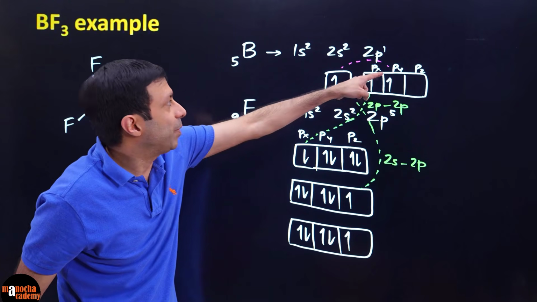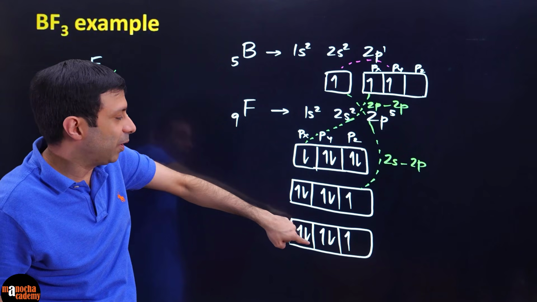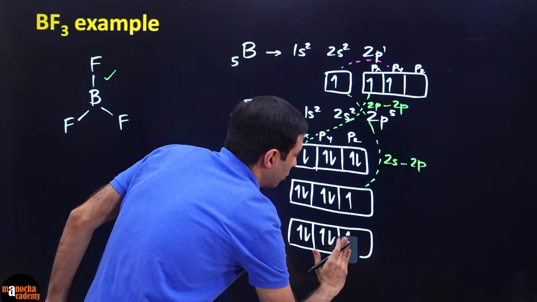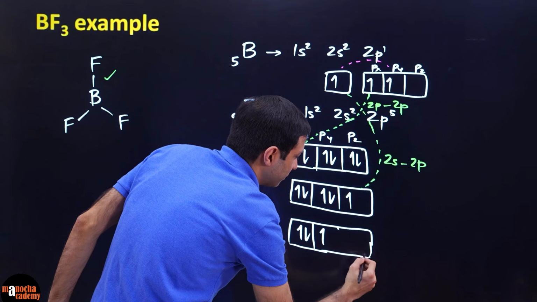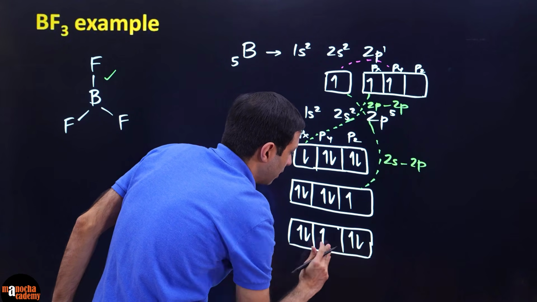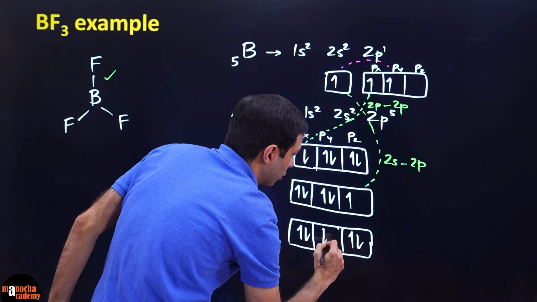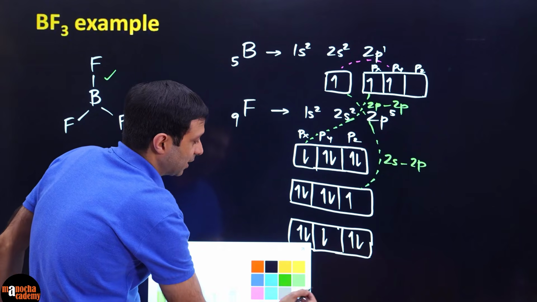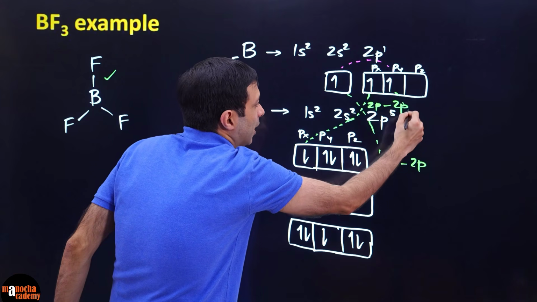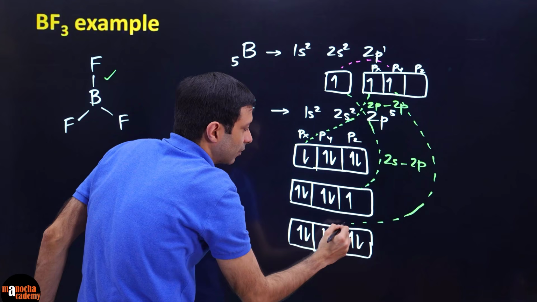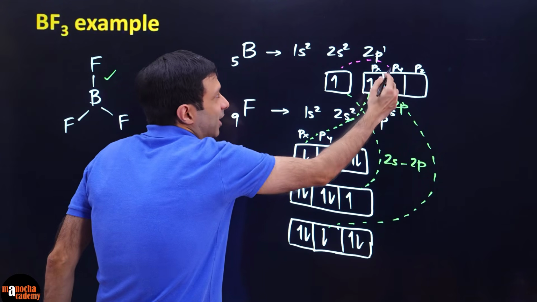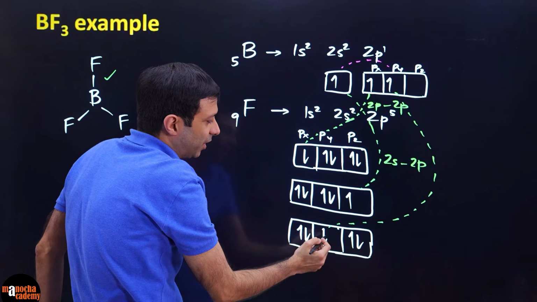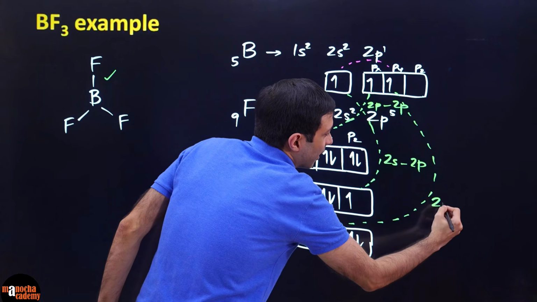And the last one, py, will want to again overlap with py. Once again, we can shift the electron and make it ready for overlapping. So we can put the half filled over here, and this one can be of opposite spin. So we can say that these guys will overlap. Okay, so you can see that this py is going to overlap with this py over here, another 2p 2p overlap.